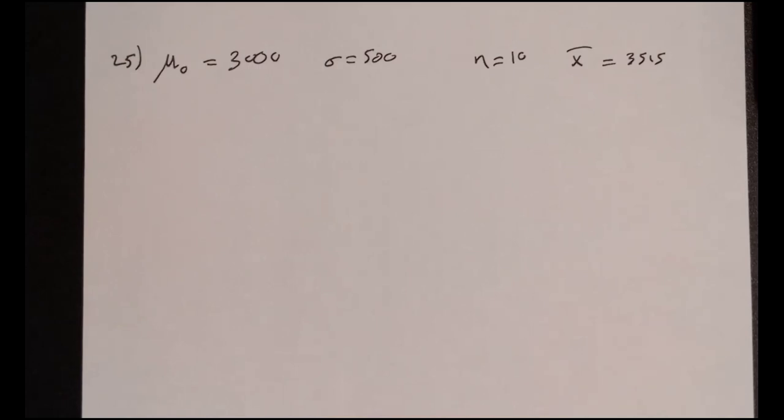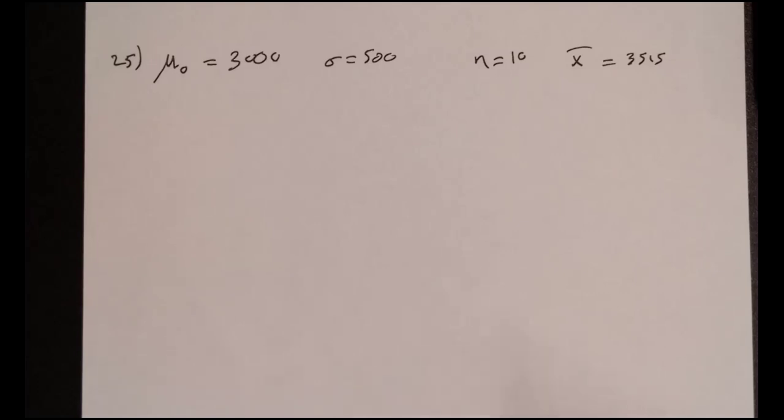Exceeding. What kind of test should I be using? Left to right. Because I want to know the unlikely thing is that the new mean will be bigger than, that's off to the right.